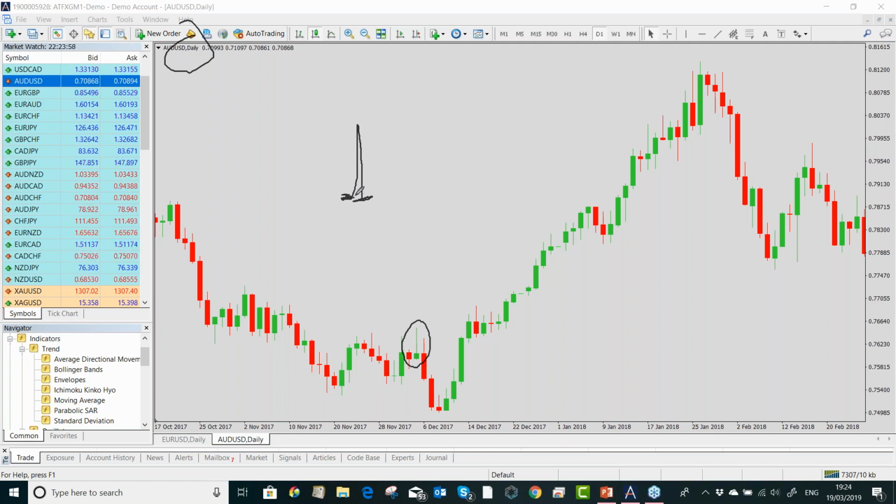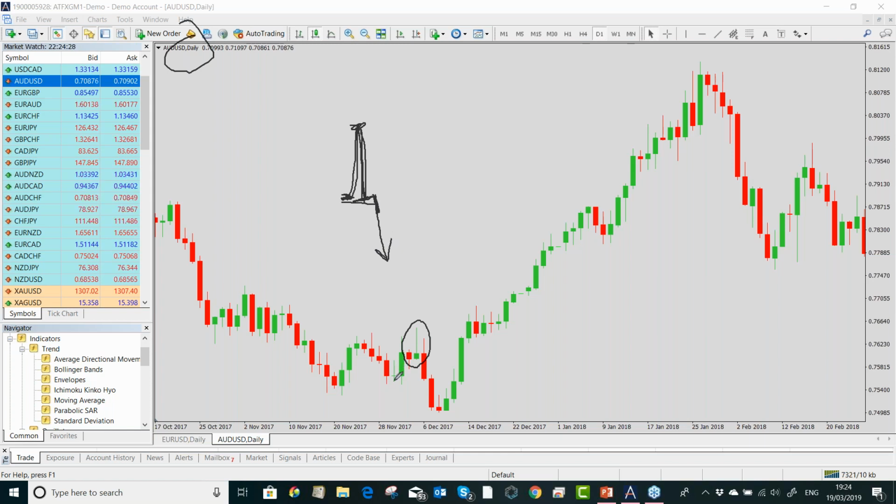So essentially what that means is that buyers have attempted to push the price up. They have failed to take it higher than here, and the sellers have taken control of the market. And if price then continues down from here on the next bar, the next day, that is a very bearish sign, and it's a sign that the market could potentially move further downwards.